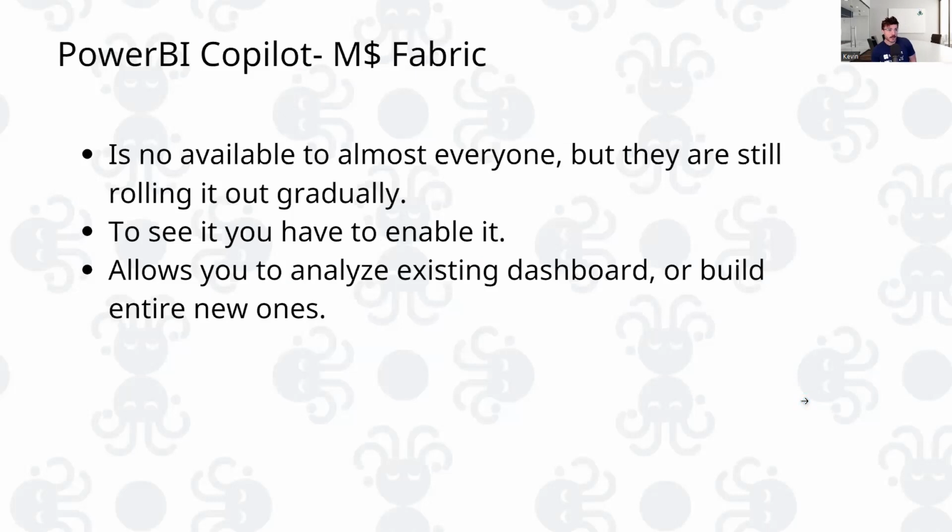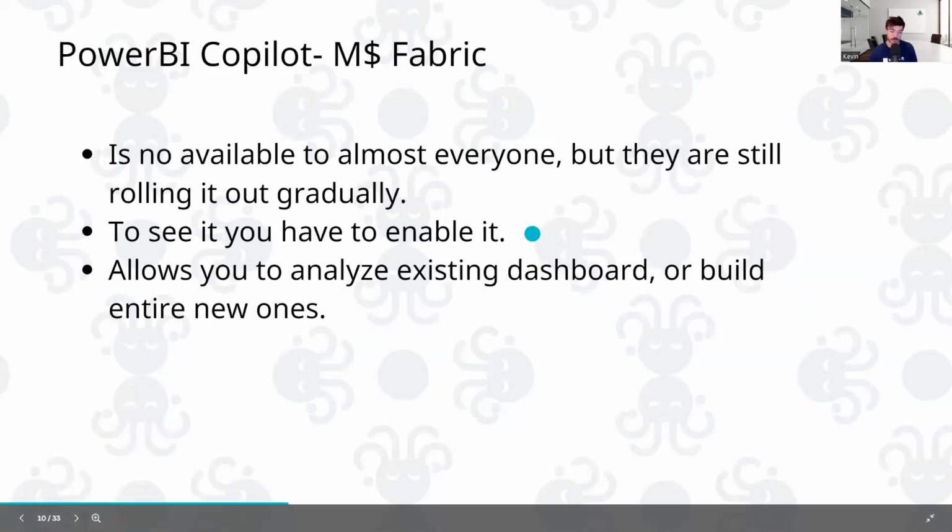So fairly recently launched is the Copilot for Power BI. It's a part of the Microsoft Fabric framework. It is available at this point to nearly everyone. I think not all regions have access to it yet. You do have to be on the higher tier plans to have the ability to enable it, and you have to actually opt in and enable it directly.